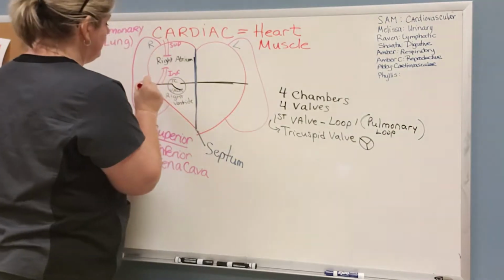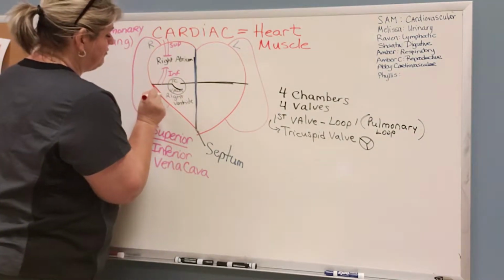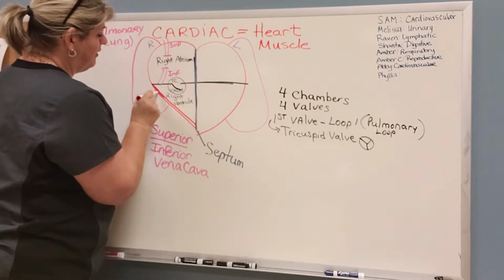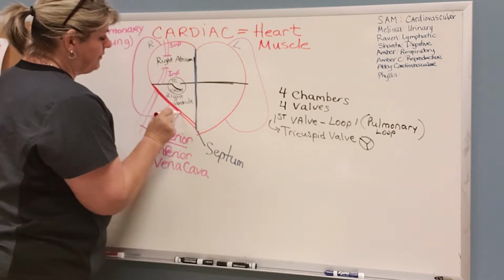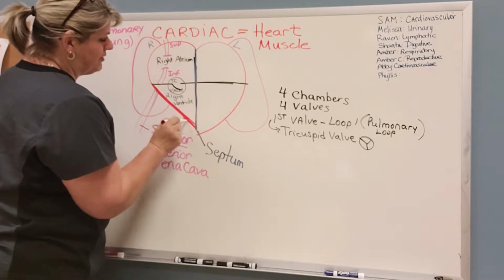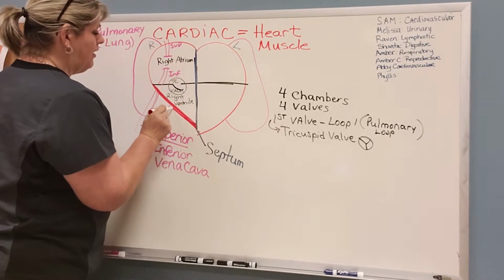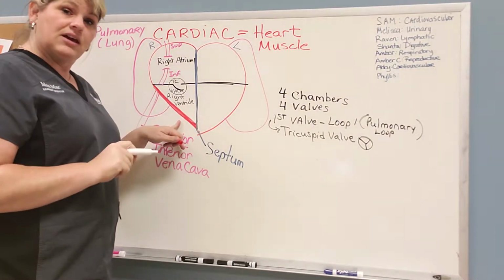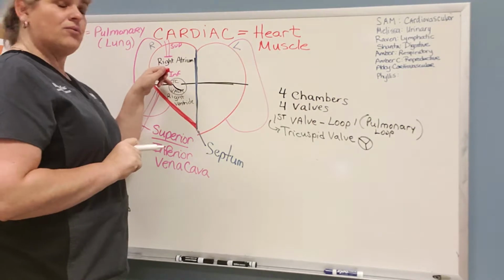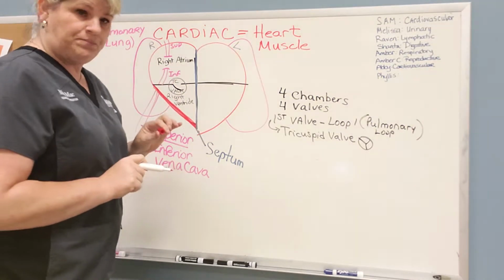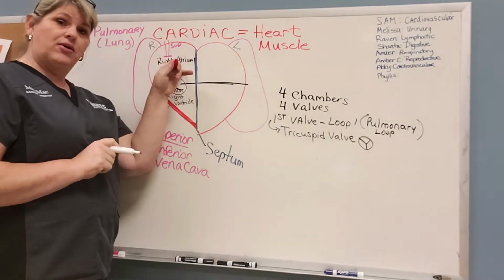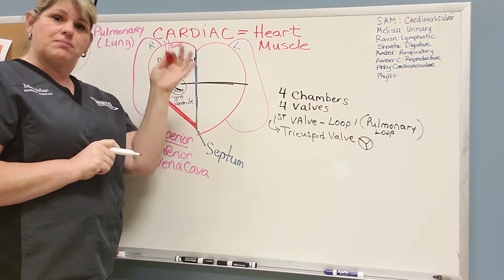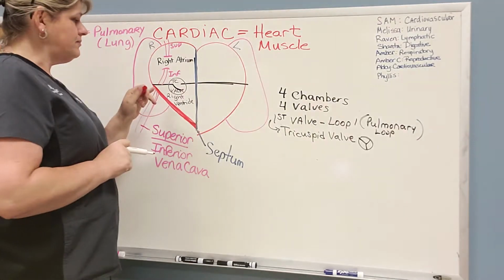The wall of the right ventricle is going to be thicker than the wall of the right atrium, and this is muscle we're talking about, strictly muscle here. The reason that the heart wall is thicker in the right ventricle than in the right atrium is due to pressure. Remember we said that we don't need any pressure in the right atrium because the blood is just pouring in nice and neat.